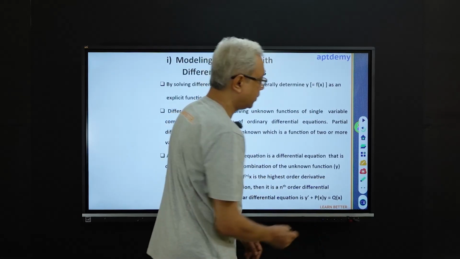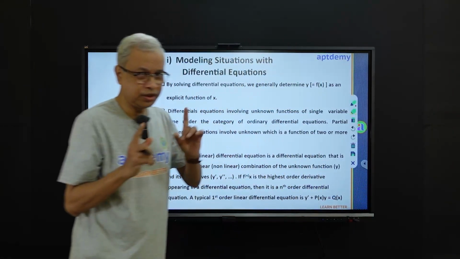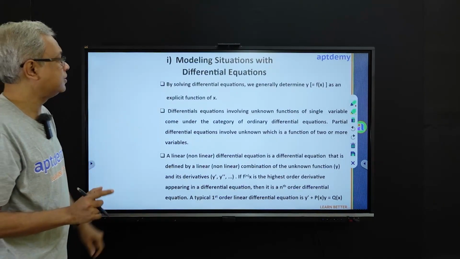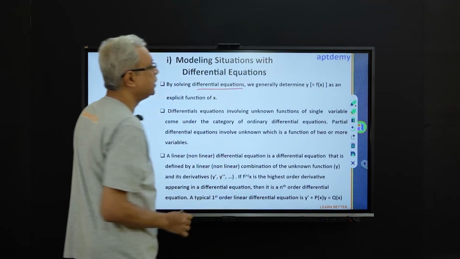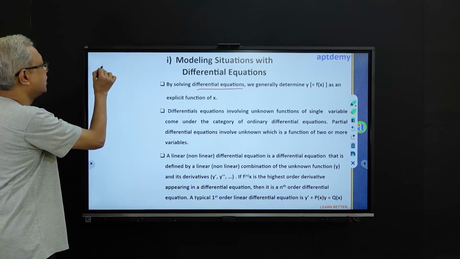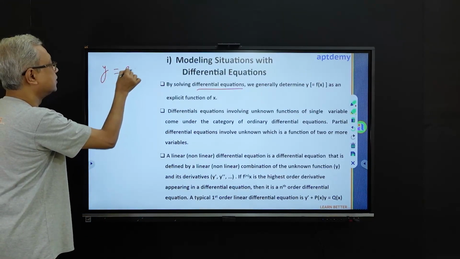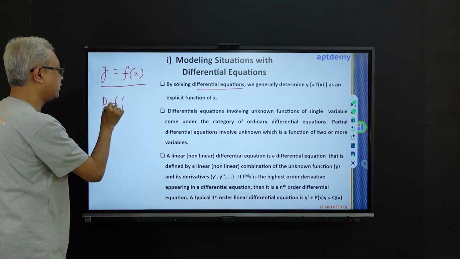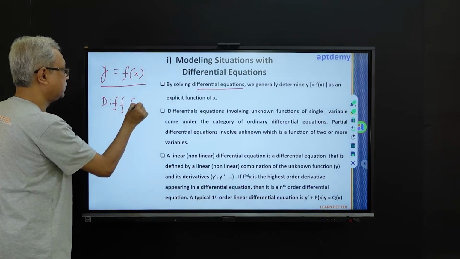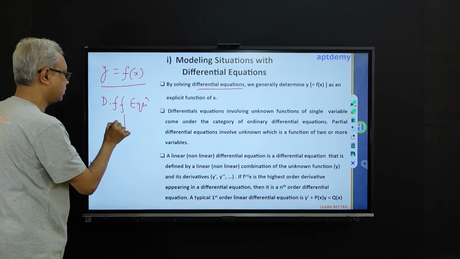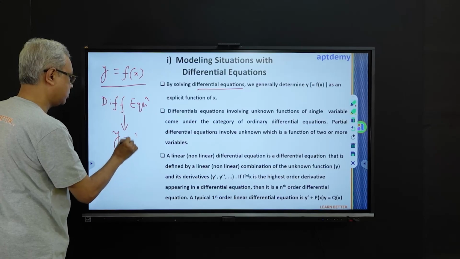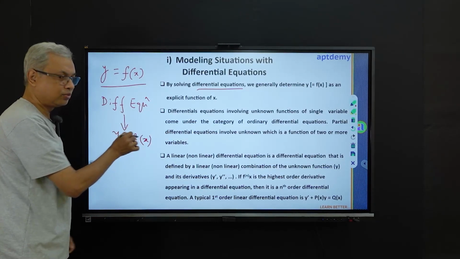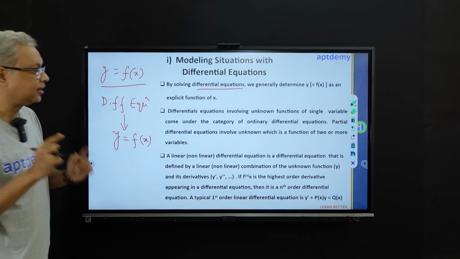A differential equation connects an unknown function and its derivatives, and by solving the differential equation, we generally determine y as a function of x. So by solving it, we get a solution of the type y equal to f(x), which connects y and x through some mathematical analytical relationship.